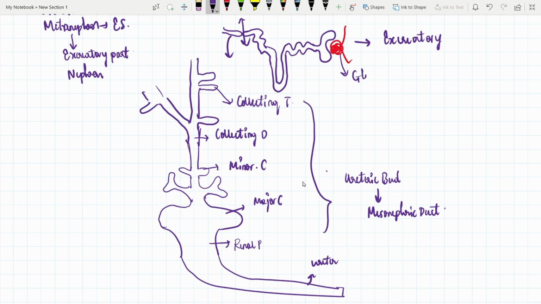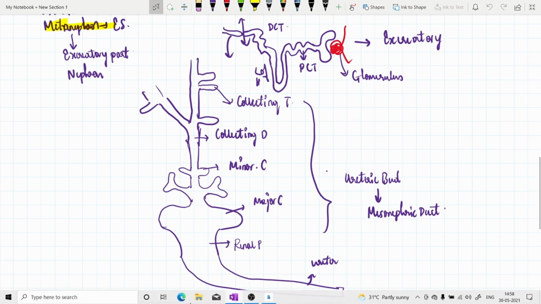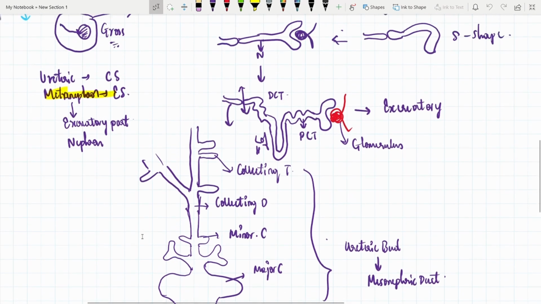Glomerulus, proximal convoluted tubule, PCT, loop of Henle, distal convoluted tubule. These are all developed from the metanephros. And the collecting part develops from ureteric bud. Simple.